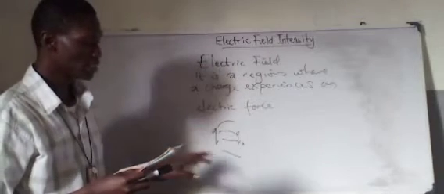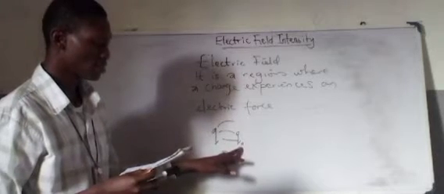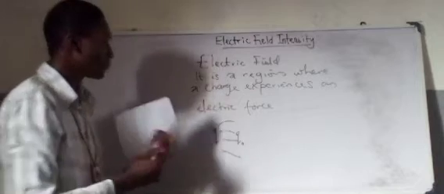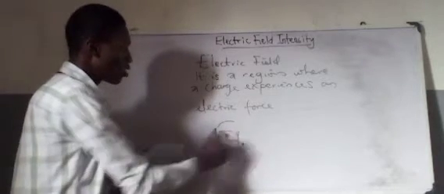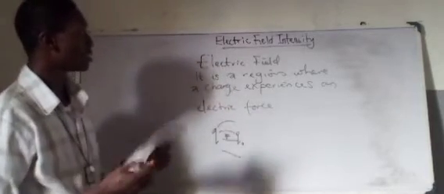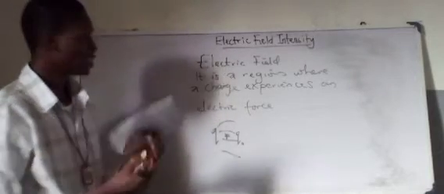So the field intensity at a point is the force that is acting on the test charge. So the field intensity is that force coming from the point charge to the test charge. That is what we refer to as the electric field intensity.